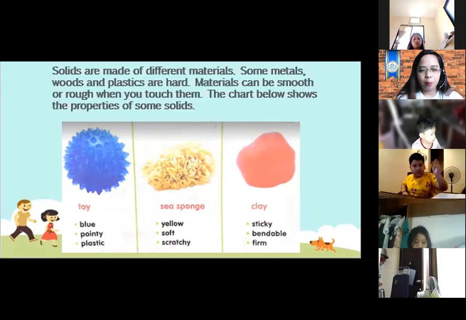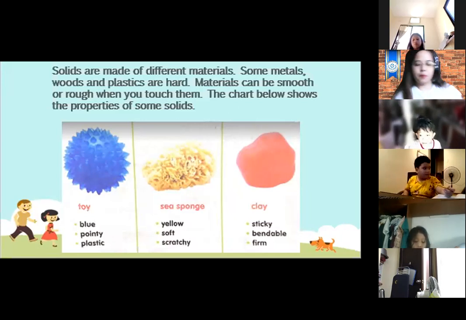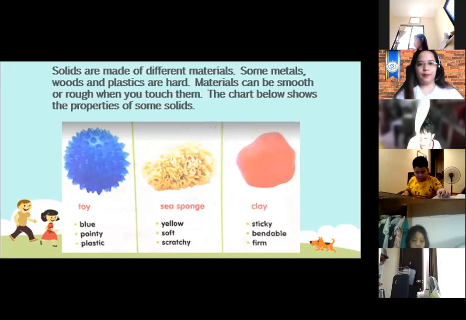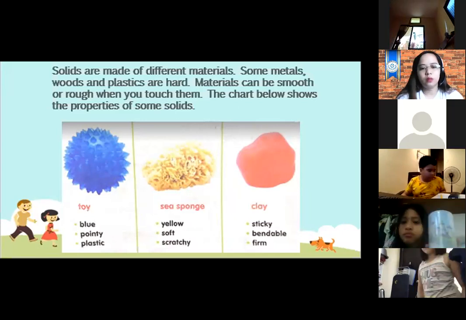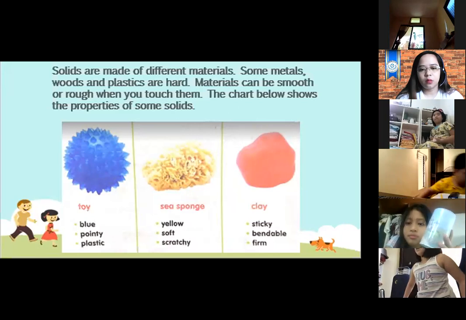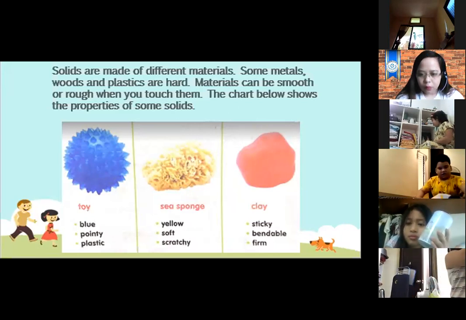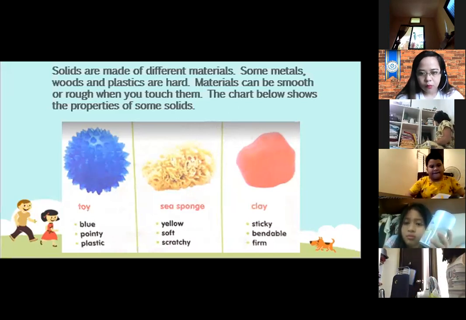Pencil. Solid. I got the solid. I can't really find it. You say solid thing? Well, I got the solid thing. It's a ring.